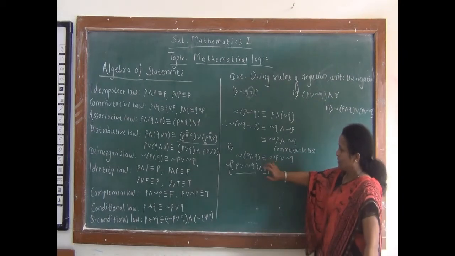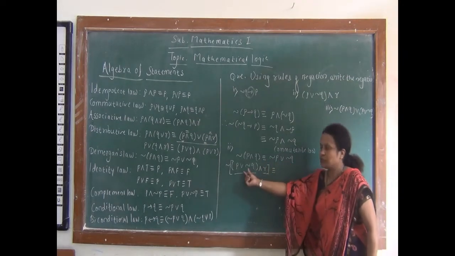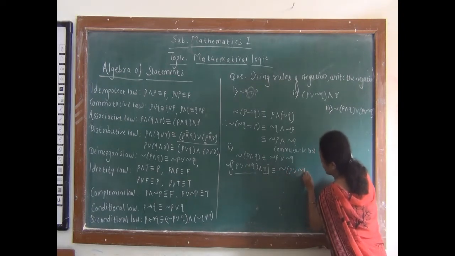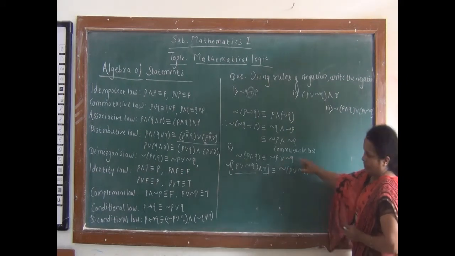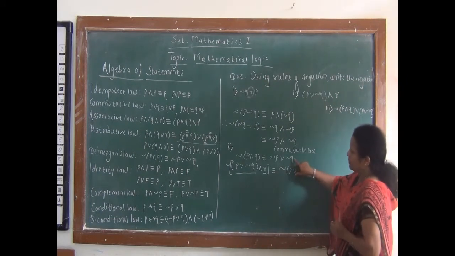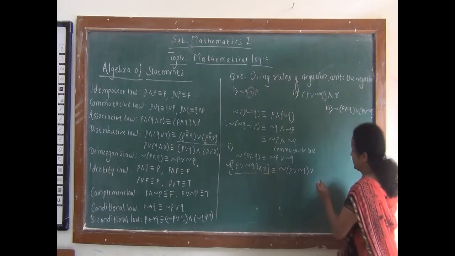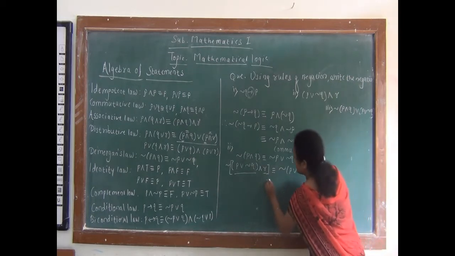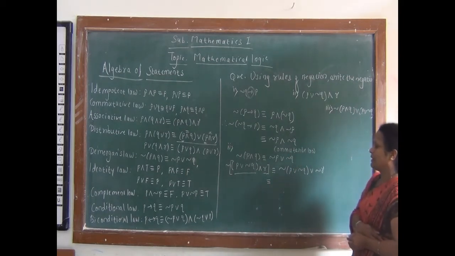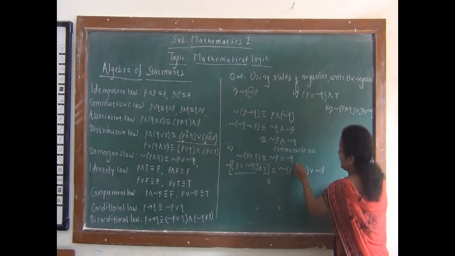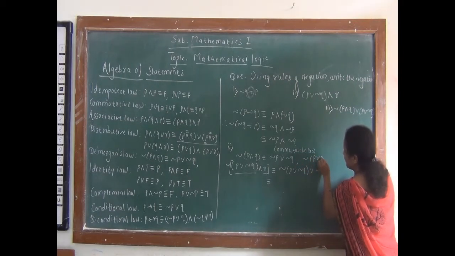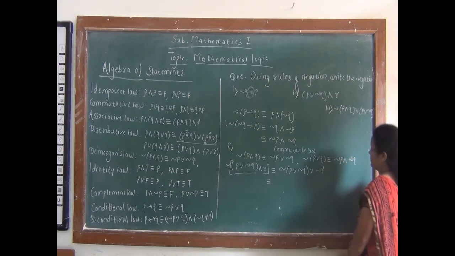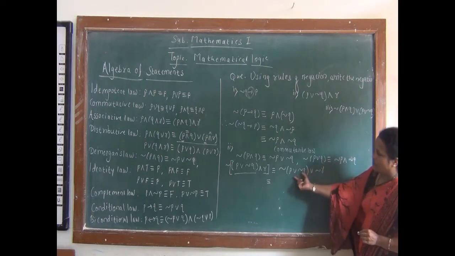So we use this negation, that is, negation P. So we have to take negation of this bracket, so negation of (P or negation Q). Here we write or, and then we take negation of Q, that is, negation of R. And now to simplify this first term, again we use De Morgan's law for negation of disjunction, and the formula is negation of (P or Q) is equivalent to negation P and negation Q. So we use this result for this negation.